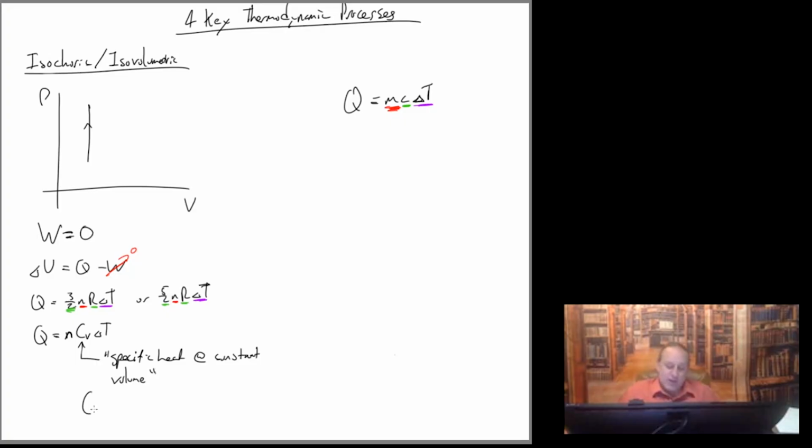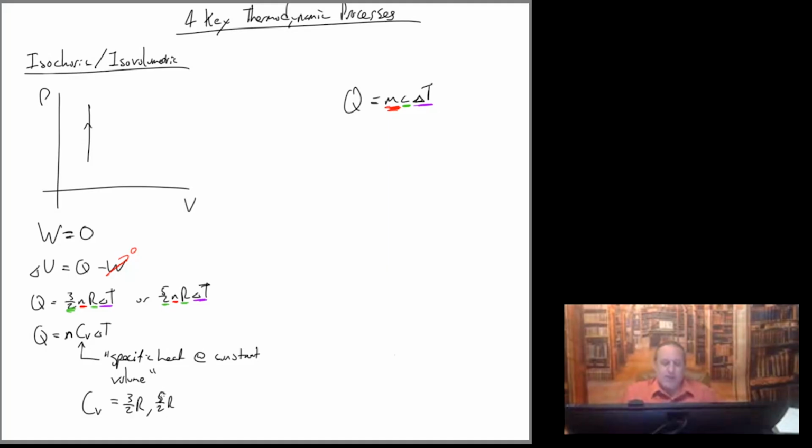And its value, to save ourselves from having to write 2 different formulas all the time, we just say that CV is equal to either 3/2 R or 5/2 R, depending on what kind of gas.